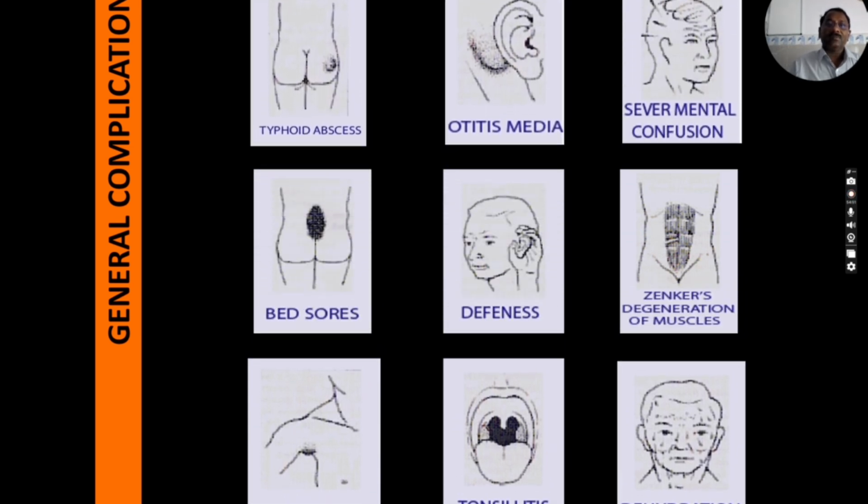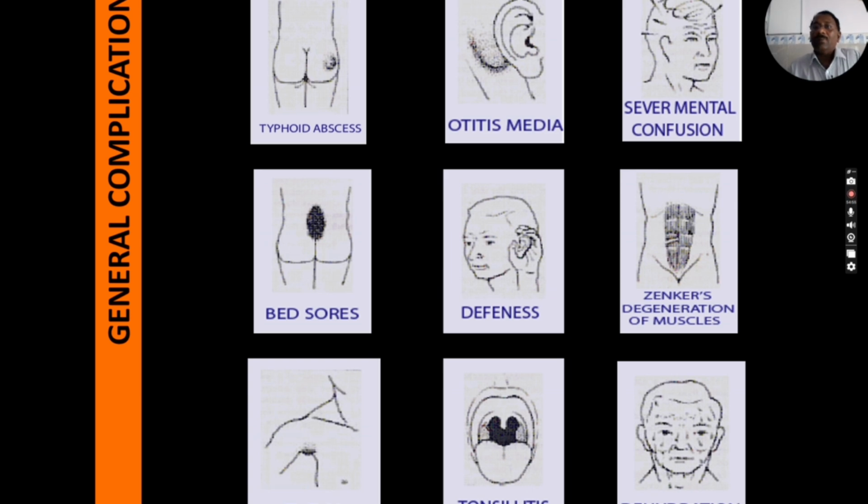See here: typhoid abscess, otitis media, severe mental confusion, bed sores, deafness, Zenker's degeneration of the muscles, boils of the axilla, tonsillitis, dehydration.